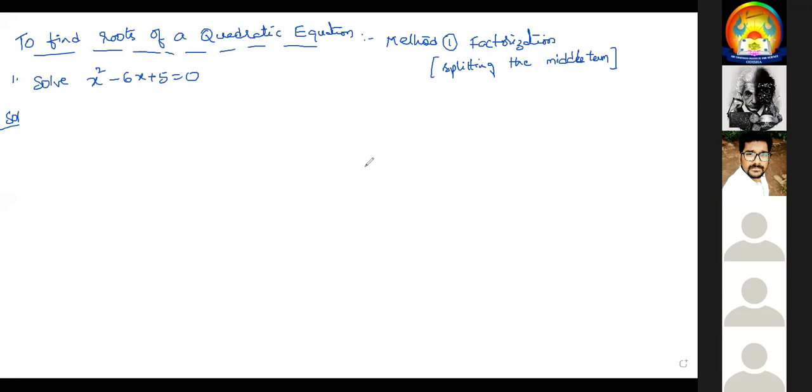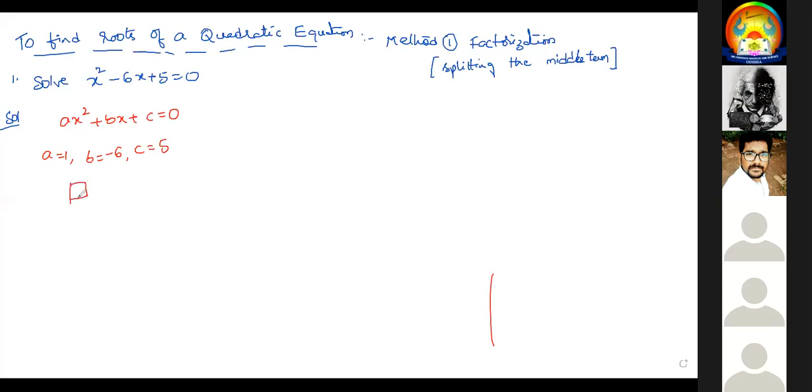Whenever we are doing this, first write the general form of a quadratic equation: ax square plus bx plus c. Now compare: a is equal to 1, b is equal to minus 6, c is equal to 5.